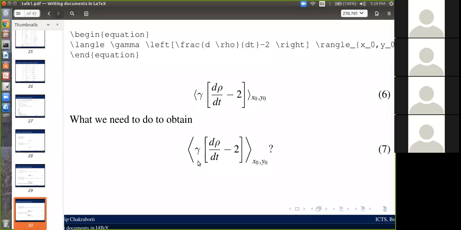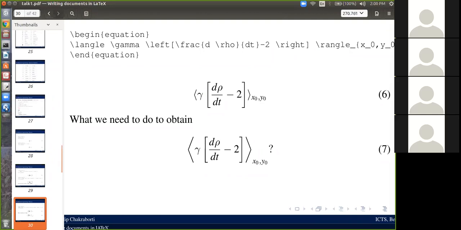So gamma times d rho dt minus 2 within angular bracket. Angular bracket sometimes means average. So suppose you are doing something average over initial condition, initial position x0 and y0, and that will be notified using this. So angular bracket subscript x0 comma y0.